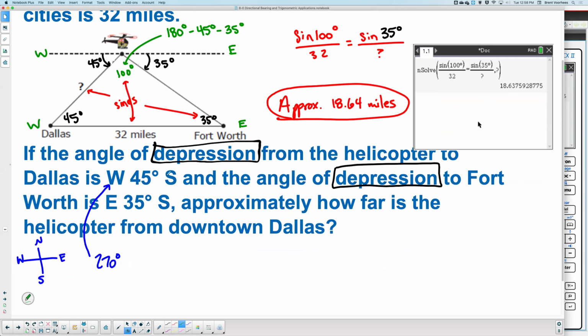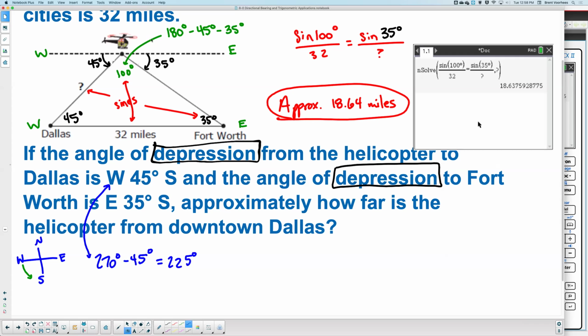If you're moving from the west to the south, am I moving clockwise or against the clock? Against. Here's the math on this. You would say 270 minus 45. Why minus 45? Because I'm going towards the south. Does that make sense? So they could have given this as 270 minus 45, which would be the same thing as 225 degrees. This line right here could be represented by 225.